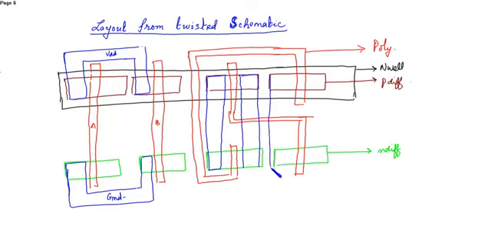Here two drains and two sources. This is metal 1.